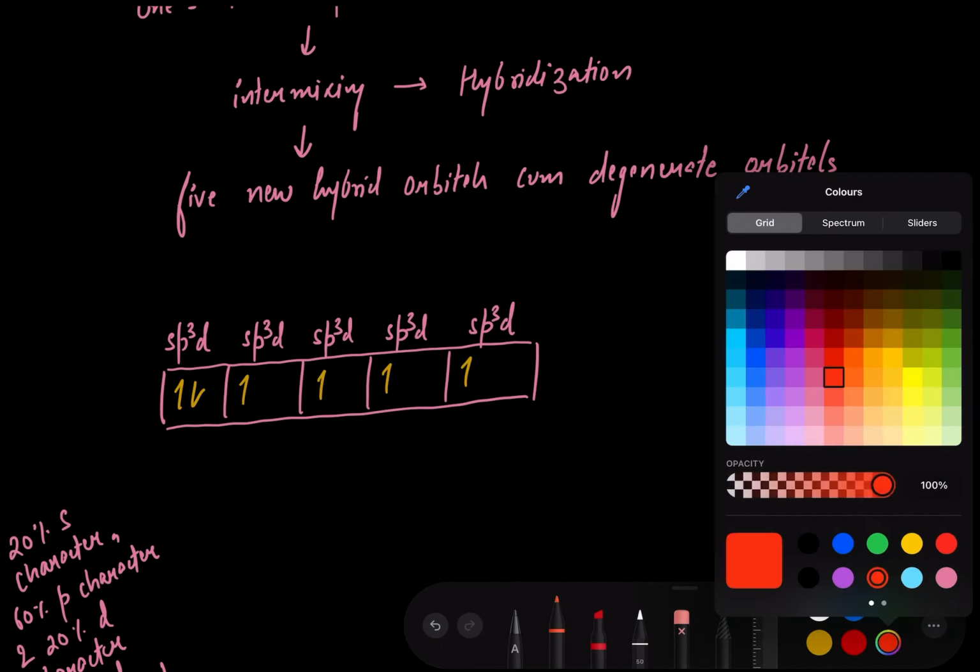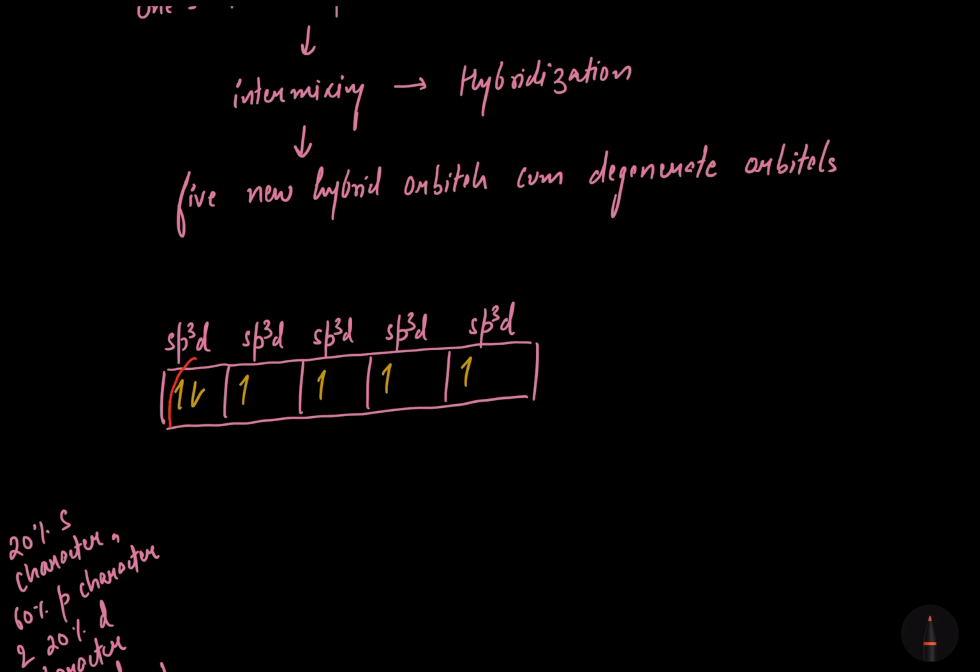Now, whenever any hybrid orbital is having 2 electrons, then those 2 electrons are termed as a lone pair of electrons.